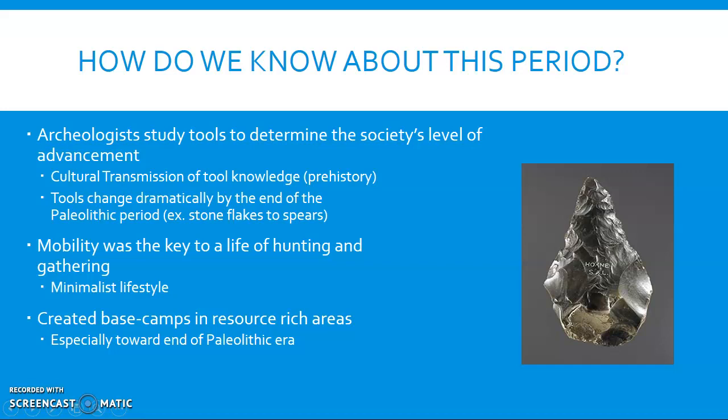Eventually, as this time period goes on, not only do their resources or their tools get more complex, but obviously we see that people are learning. So they're learning how to make better tools, and they're also learning that some places are really resource rich. So maybe a certain valley always seems to have tons and tons of fruit growing in it at certain times of the year.